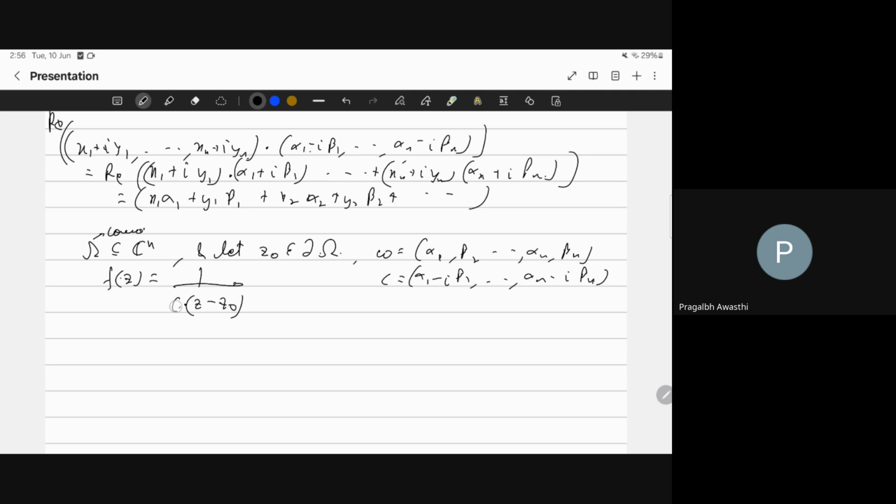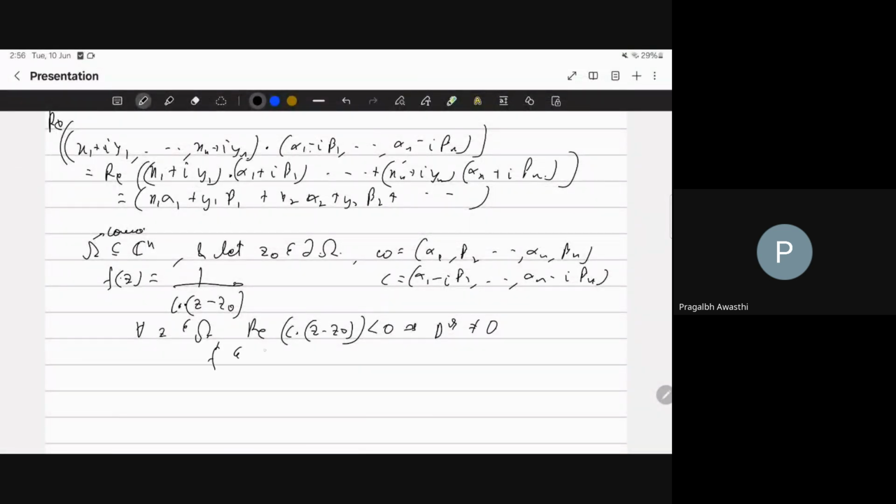Clearly it's a holomorphic function, and note that for all z in omega, since omega is convex, the real part of c dot z minus z naught is less than 0, which means the denominator is non-zero.